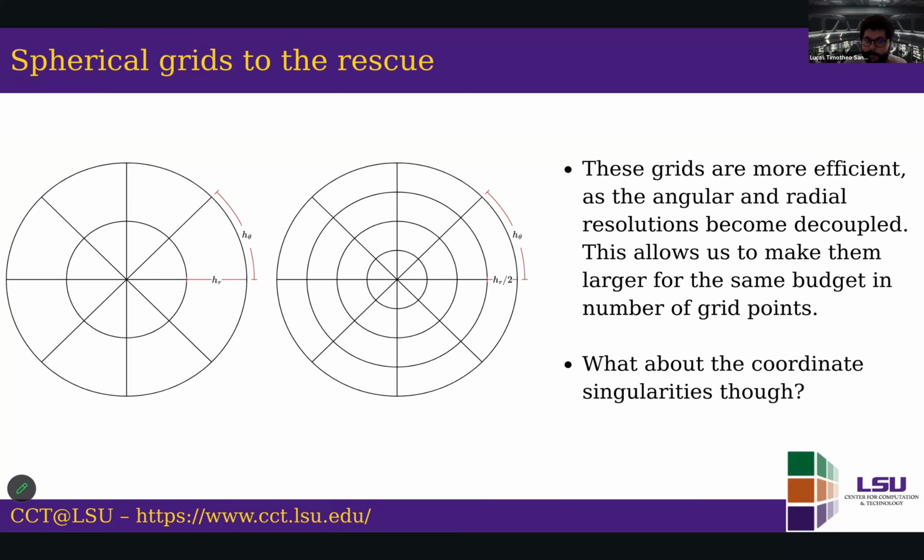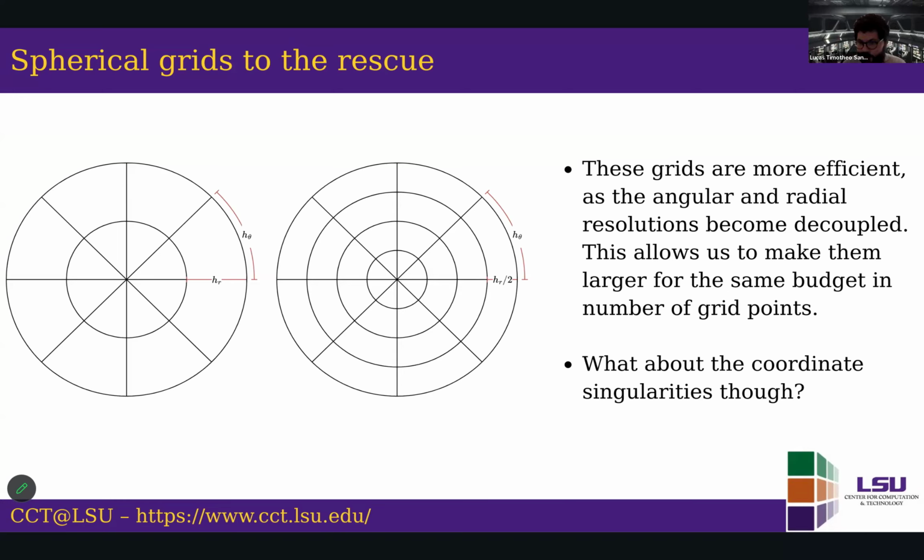Of course, the problem of doing that is, as we know, spherical polar coordinates have coordinate singularities. So we already have enough singularities as it is in relativity. We do not want to introduce new coordinate systems that give us new singularities. So what do we do about that? Well, this is where the multiple patches come to the rescue, right?